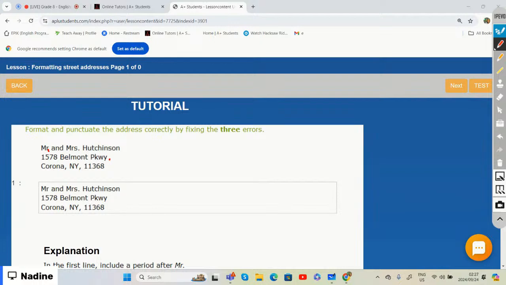And then lastly, remember they said we need to have three errors. Here's the first error, here's the second error. Now let's look at this line, Corona, comma, NY, comma, 11368. What do we need to fix within that line?